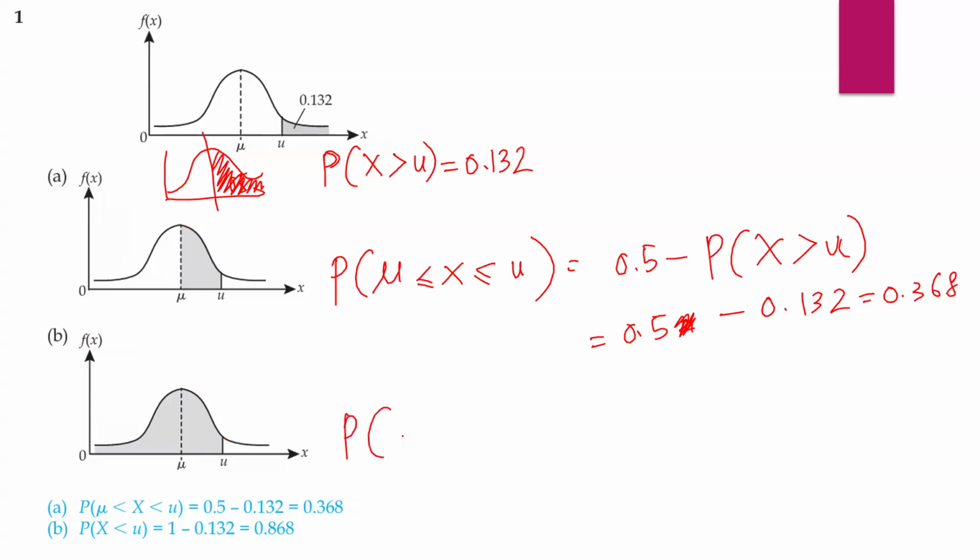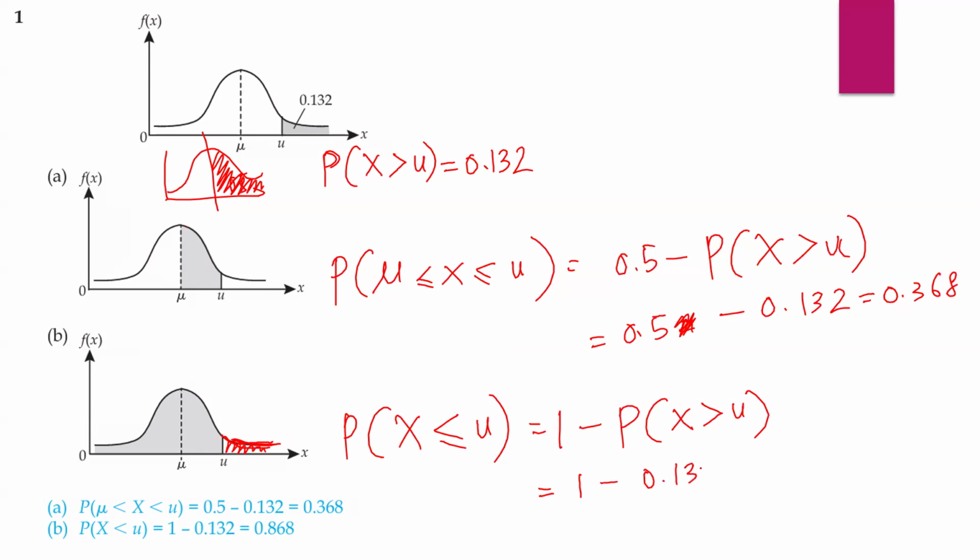So I need X less than U. So I use 1 minus the area under the red line, which is 0.132, X greater than U.